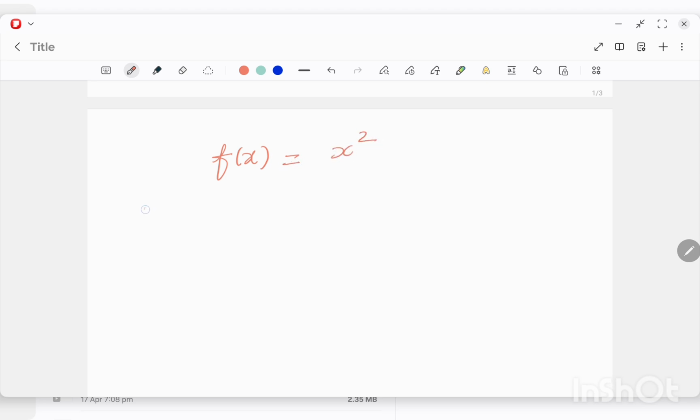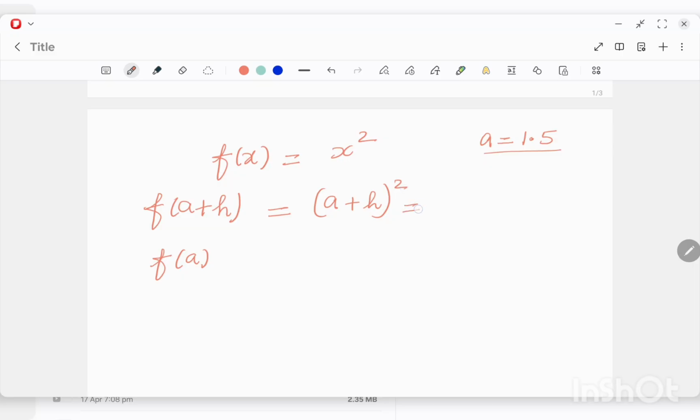In the definition, we have two terms in the numerator: f(a + h) and f(a). In our case we have taken a to be 1.5, so let us use this 1.5 at the end. f(a + h) is (a + h) whole square.